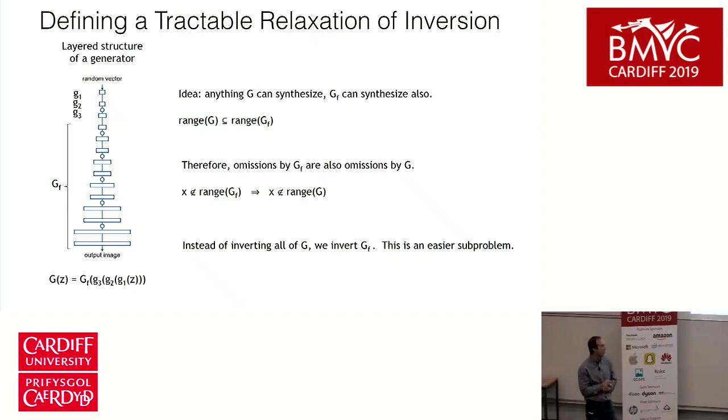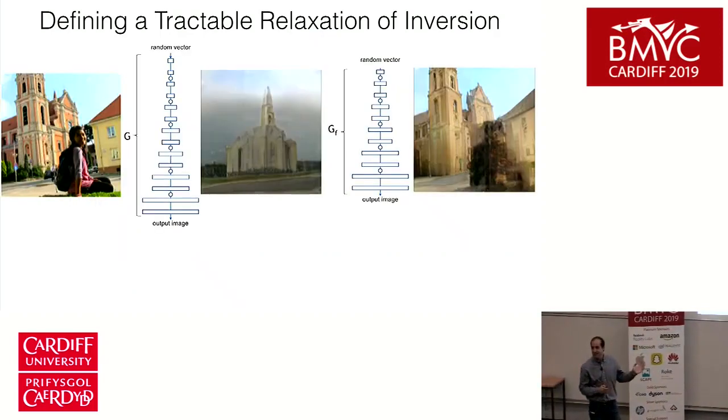It's an easier subproblem. Here is an example of an input image, and this is the best reconstruction we can do of this image if we optimize the full network, finding the random vector that optimizes the full reconstruction. And this is what we get if we only optimize the activations of layer 4. It's much closer. Now, this network is capable of doing a lot more things.